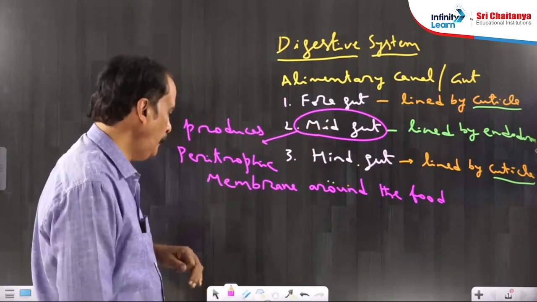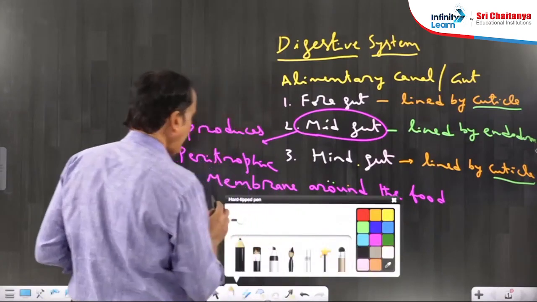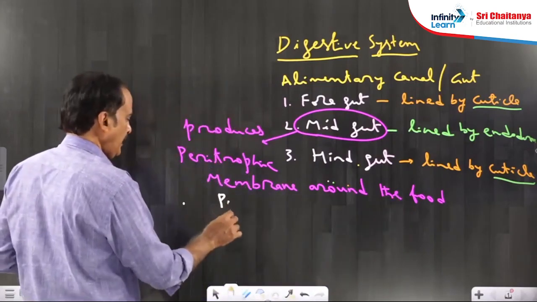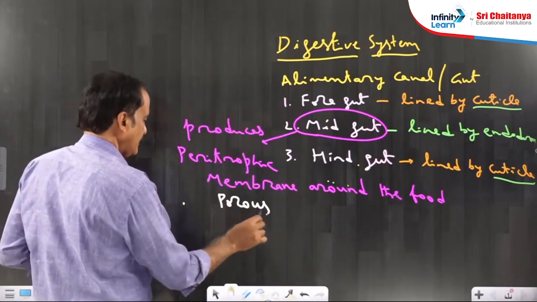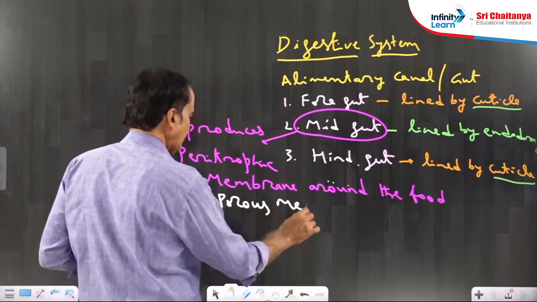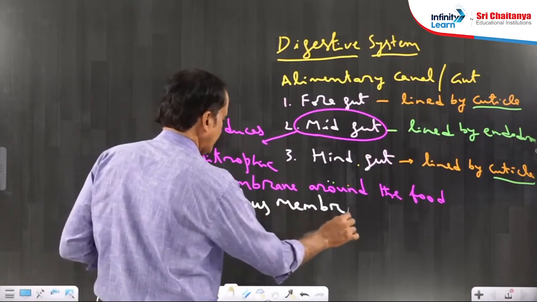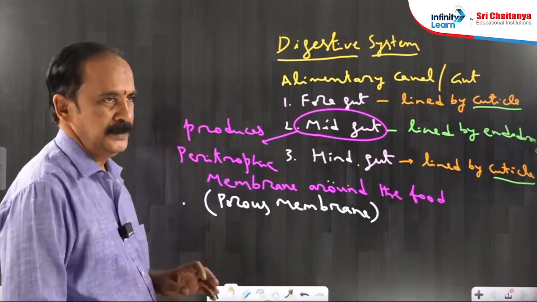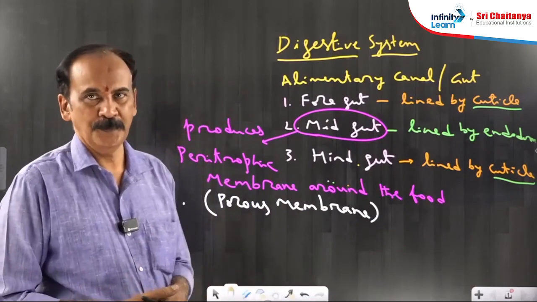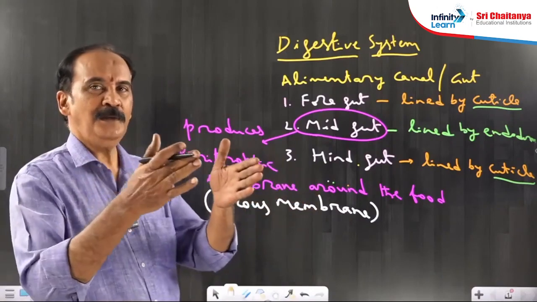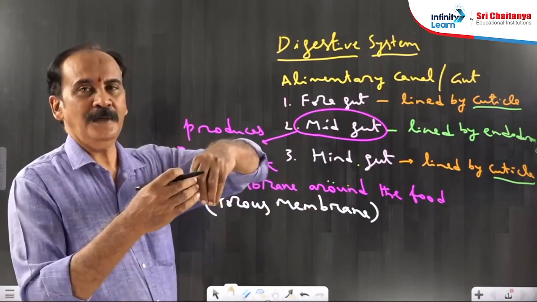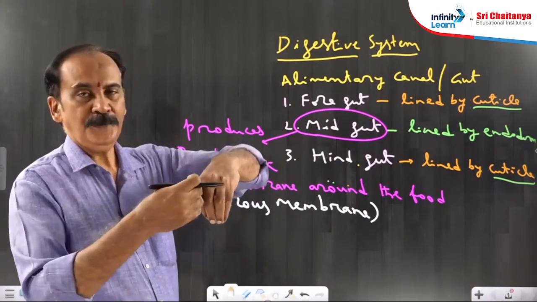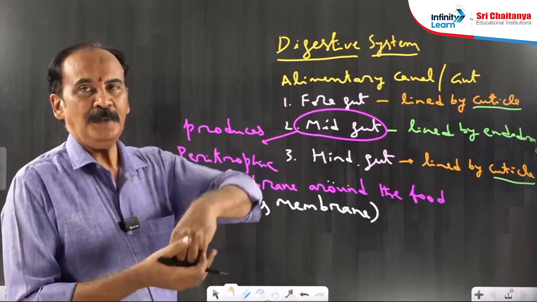This membrane is a porous membrane. What do you mean by porous membrane? Porous means it will have pores, so that enzymes can go inside and act on the food material, and digested food also can come out and be absorbed in the midgut.